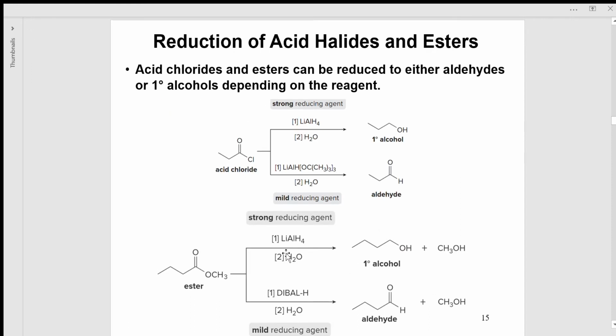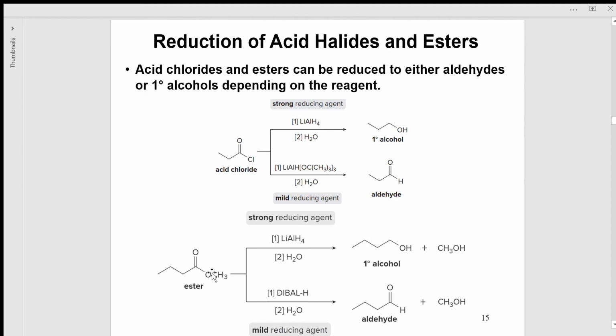Let's take a look at the reduction reactions with a strong reducing agent, lithium aluminum hydride, or a mild reducing agent, lithium tri-tertiary butoxy aluminum hydride. I hope the pronunciation was correct. If we use a very strong reducing agent, we are going to have alcohol. If we have a mild reducing agent, we are going to have aldehyde, the middle product before we reach the alcohol.